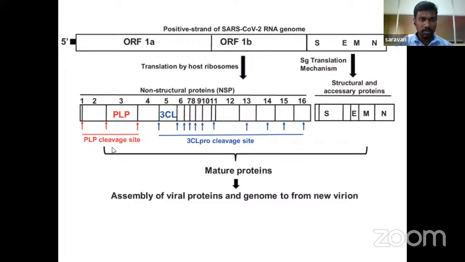The papain-like protease cleaves non-structural proteins 1, 2 and 3, and the 3-chymotrypsin-like protease cleaves the other proteins from 5 to 16 into 11 individual functional proteins. Later on, once the process is completed, there will be maturation and release of the virus into the exterior.